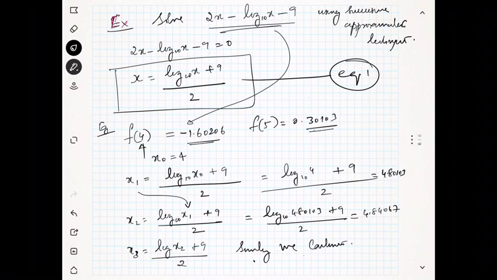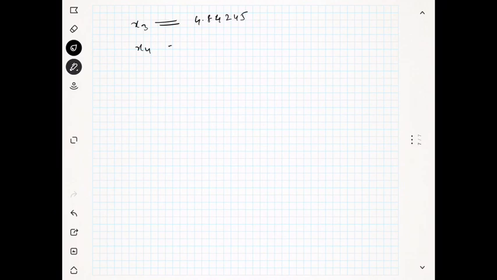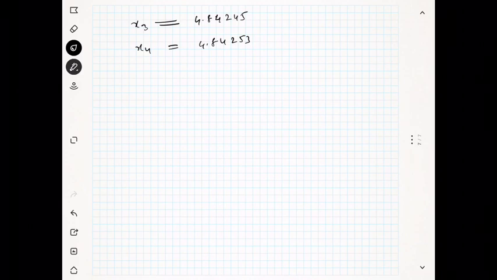Okay, so for example, you can see in this example itself, we will be getting x3 as 4.84245 and x4 is 4.84253 and x5 is 4.84254.